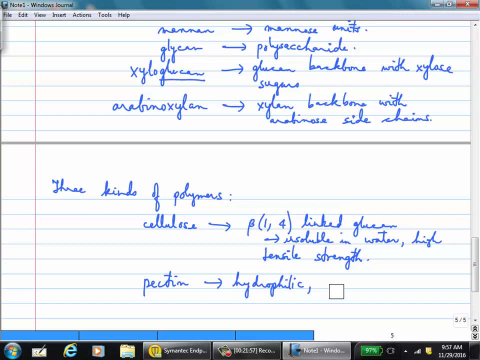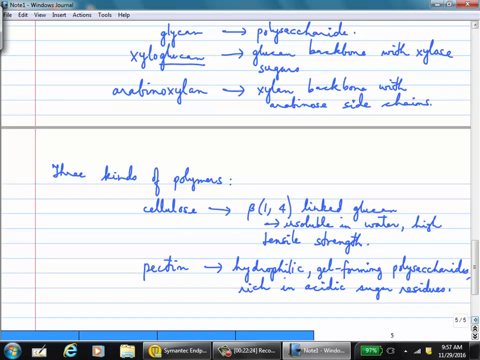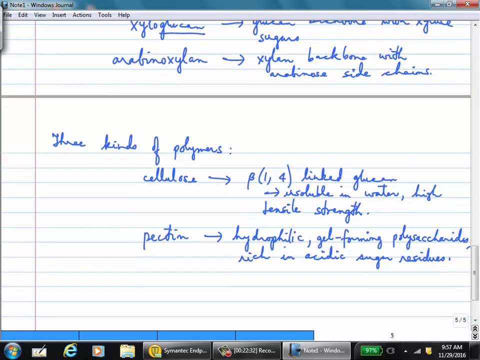So hydrophilic, gel forming polysaccharides rich in acidic sugar residues. I believe the skin of apple and all that contains pectin. All right, and then the third kind of polymer that you have is called hemicellulose.